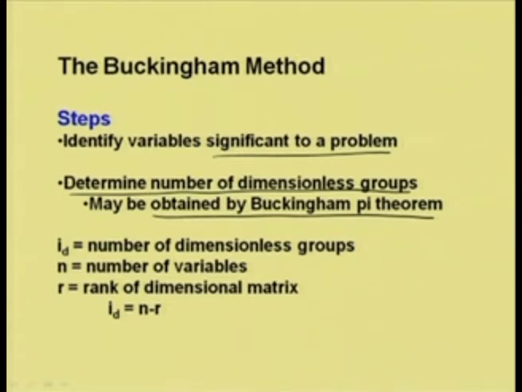If Id is the number of dimensionless groups for a particular system and there are n number of variables for that particular problem, and R is the rank of dimensional matrix, then we can write Id is equal to n minus R. The number of dimensionless groups is equal to number of variables minus rank of the dimensional matrix. So, now we will talk about what is dimensional matrix and how to determine the number of dimensionless groups.